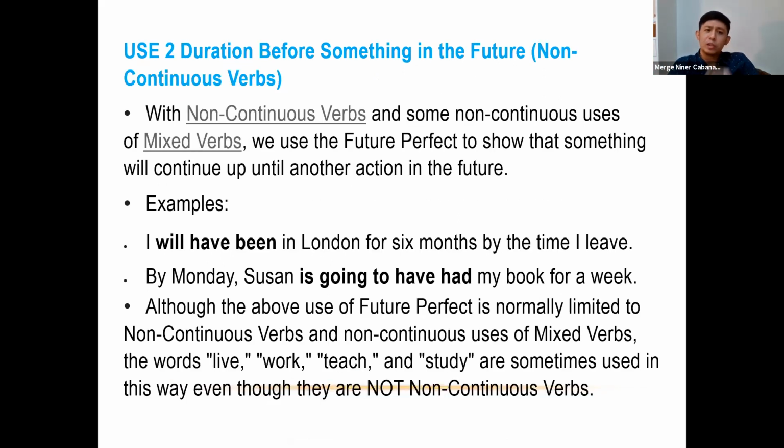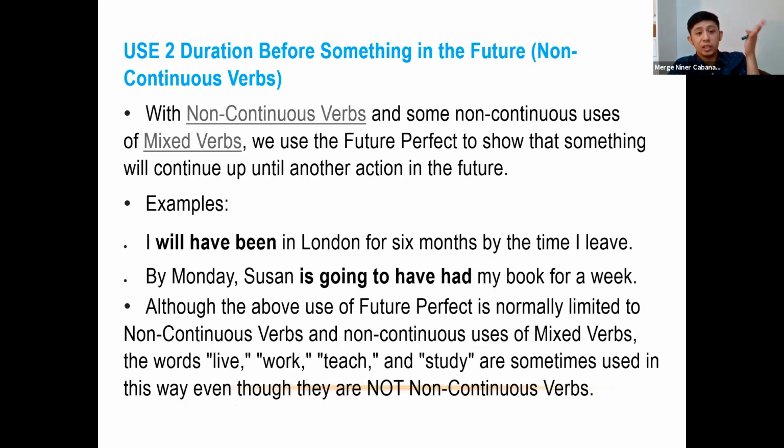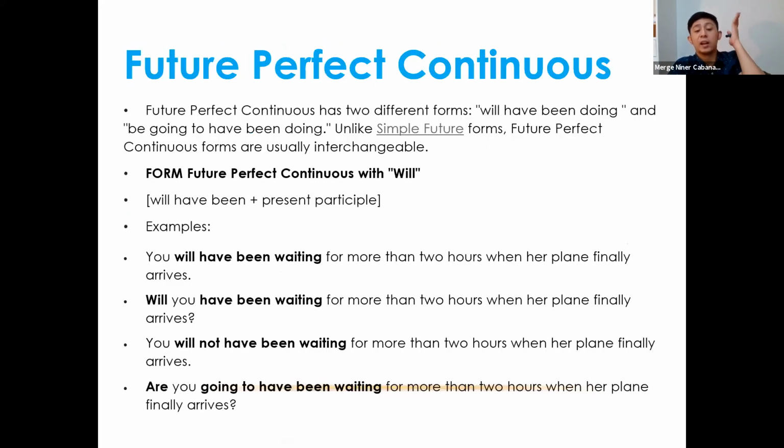So again, duration, future perfect continuous. Guys, for the sake of teaching, I am teaching this to you, future perfect and future perfect continuous, but I am not suggesting that you use them because they are very complicated. So stick with the simple future, which we will be continuing in your grammar 4 lecture, because grammar 4 is your modal verbs and conditionals.